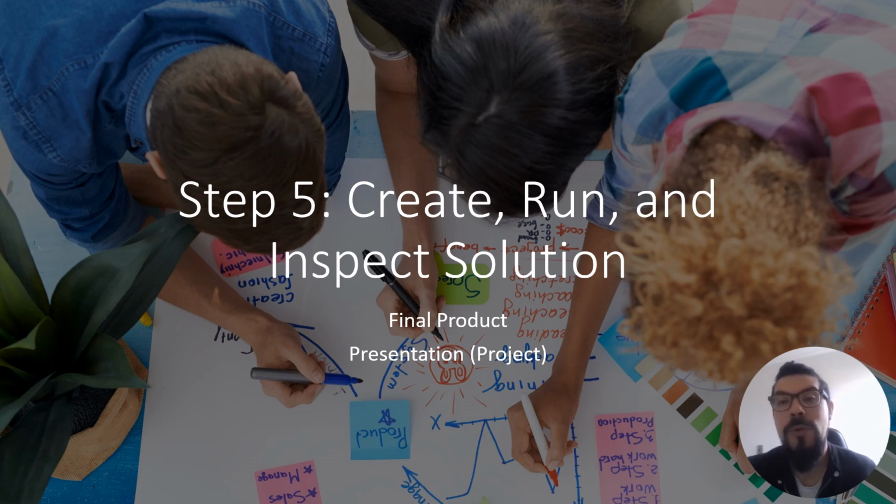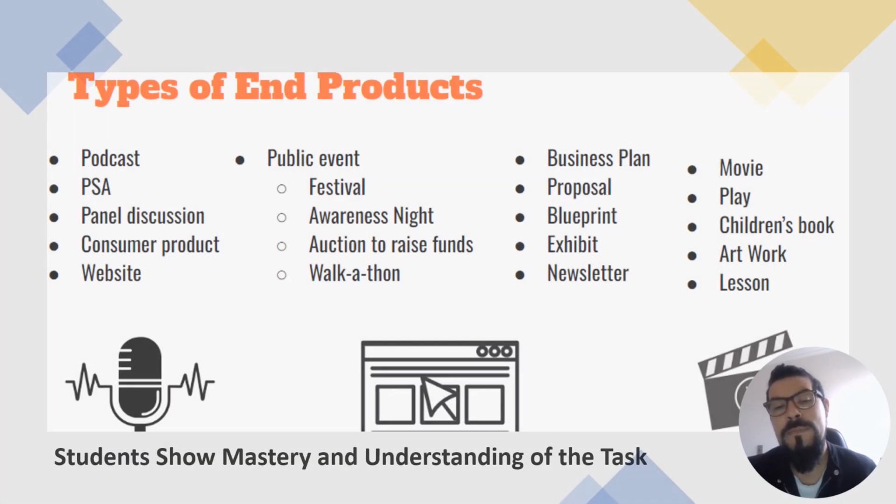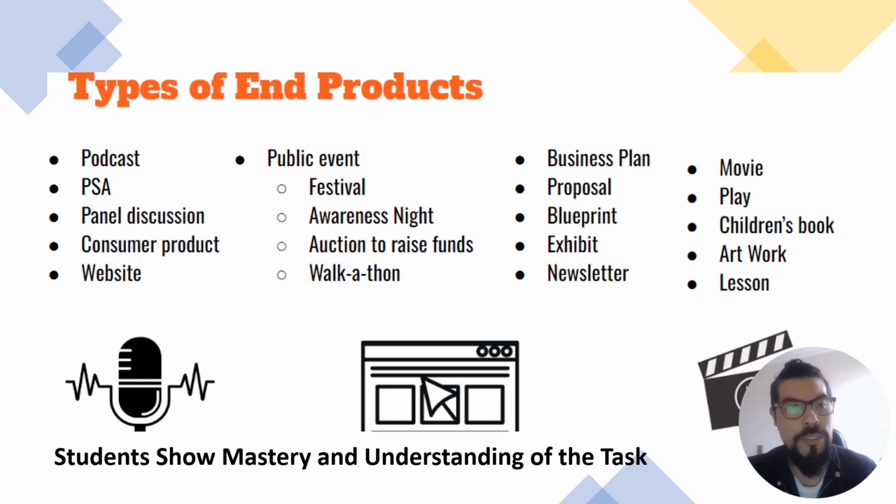Now I'm going to show you some common examples of final or end products of a PBL unit. Okay, so after students have conducted some research, they can produce podcasts. There could be a panel discussion. They can even develop a website.